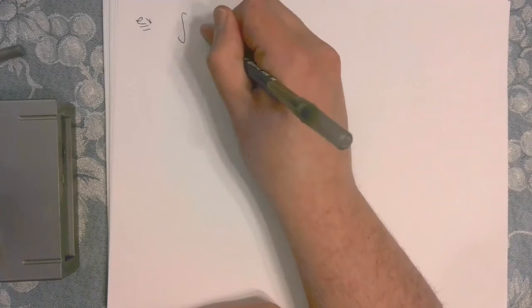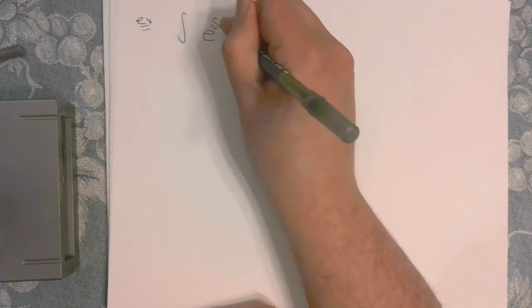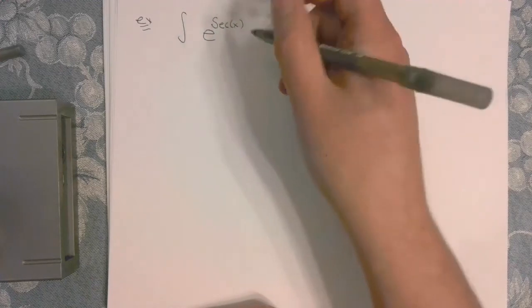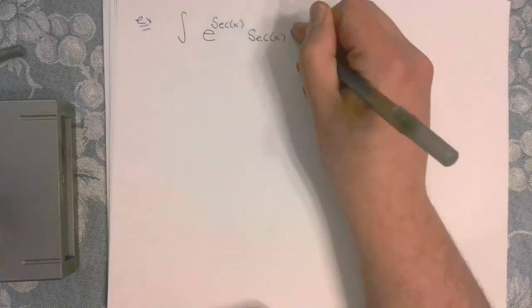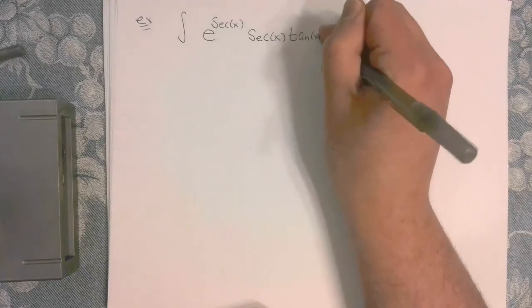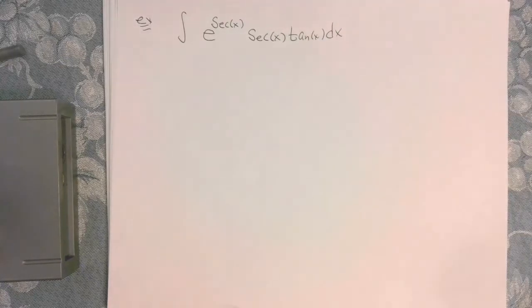So here we've got the integral of e to the secant of x times secant of x times tangent of x dx. So it looks really involved, but let's just recall some things.